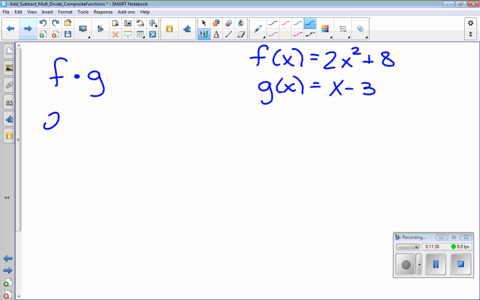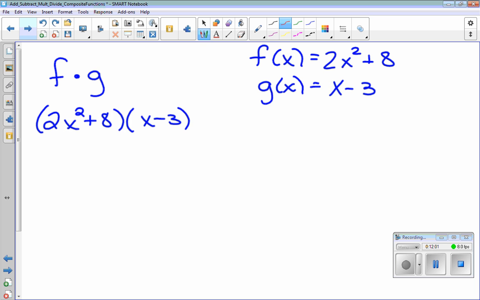You're going to take 2x squared plus 8, and multiply it times x minus 3. But you're going to have to do the work and actually multiply it out. I'm going to have to distribute everything and combine like terms. Don't leave it in factored form.